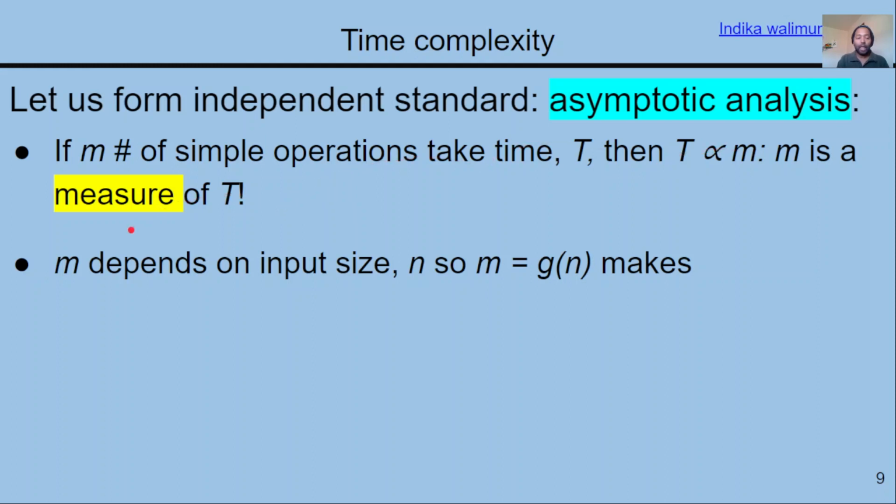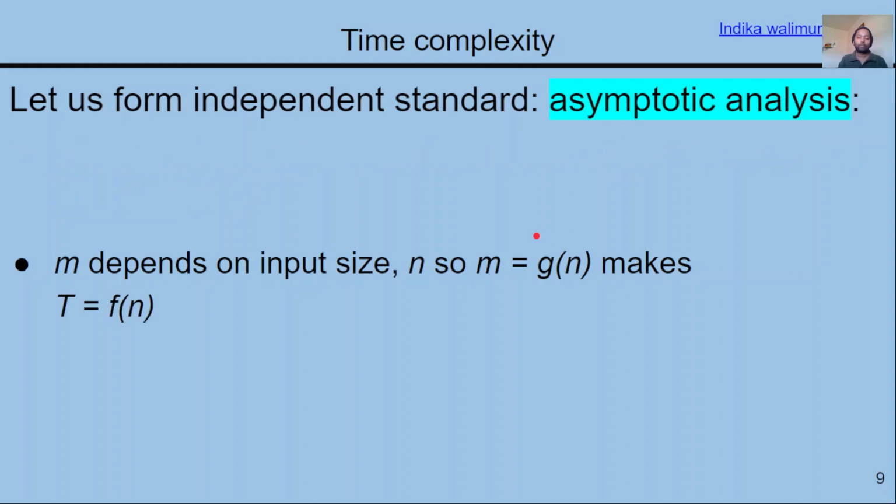And we also know that m depends on input size n. So m is now a function of n. So m equals f(n). That makes t equal f(n), because t is a function of m and m is a function of n, so t is a function of n as well.